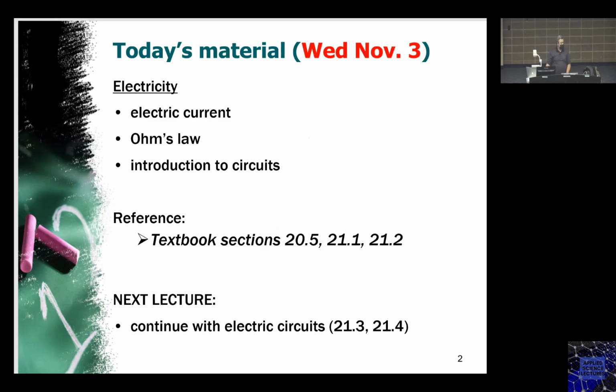Then we talked about the electric current, and we introduced Ohm's law, and we said that the current is the time rate of charge flow, which means the amount of charge that flows per unit time.